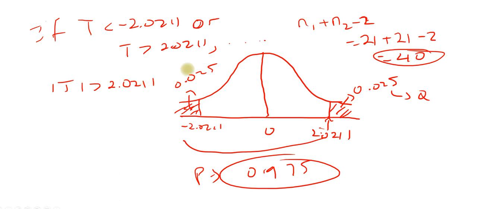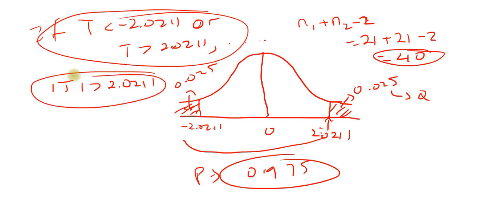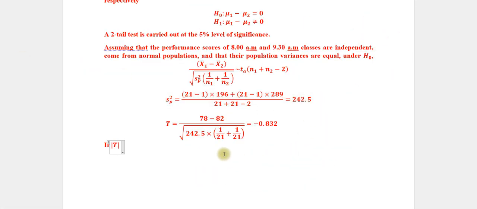Instead of writing this lengthier statement, you can write it in compact form like this. If modulus t is greater than 2.0211, we reject H naught.